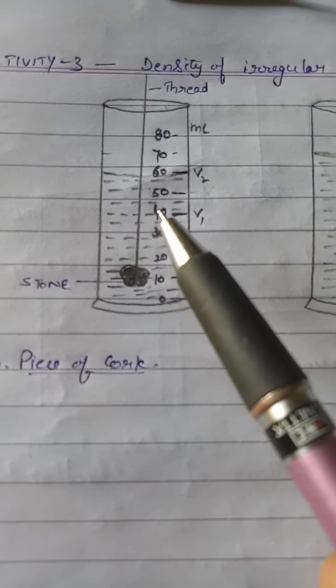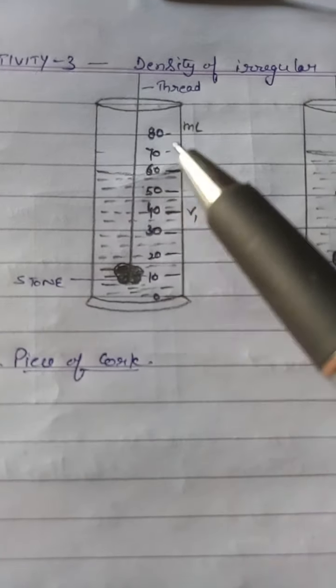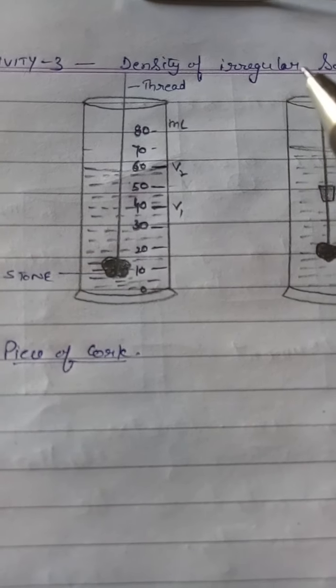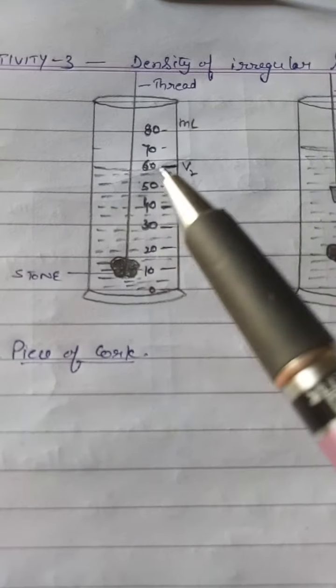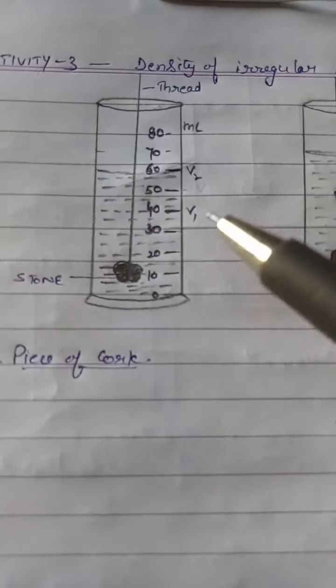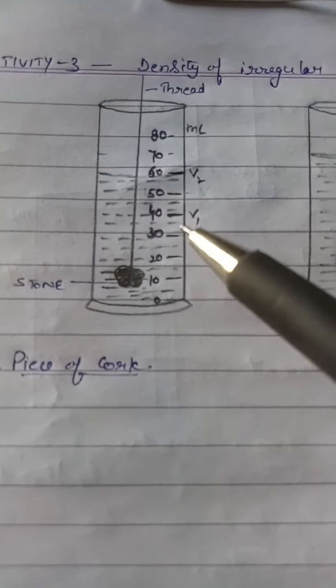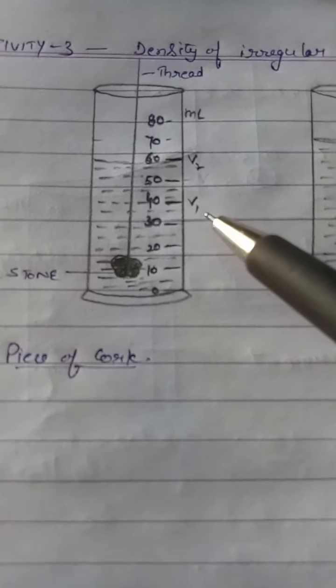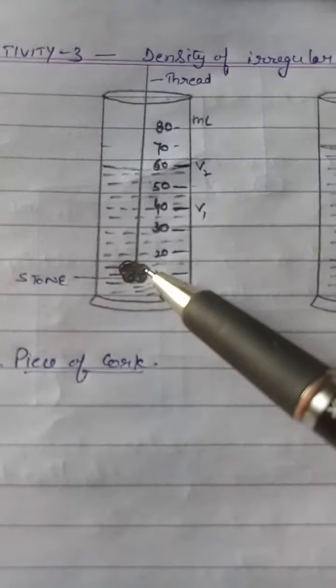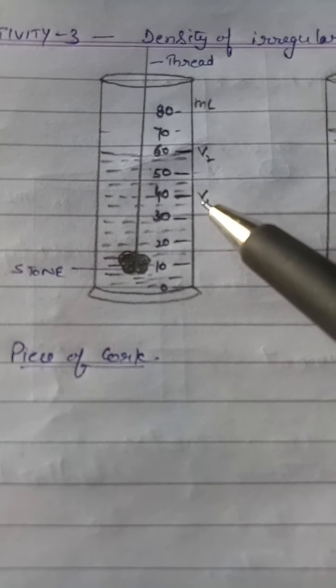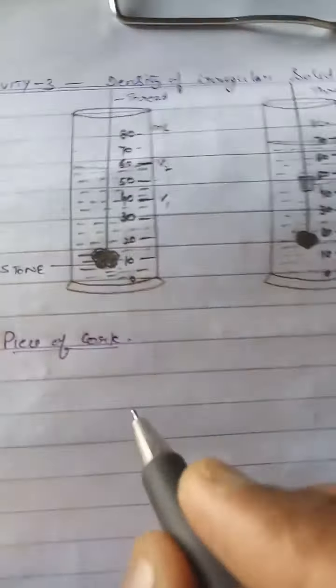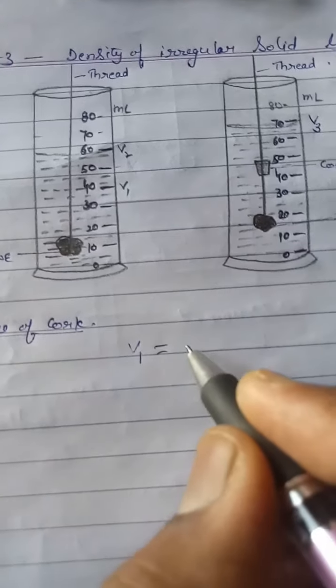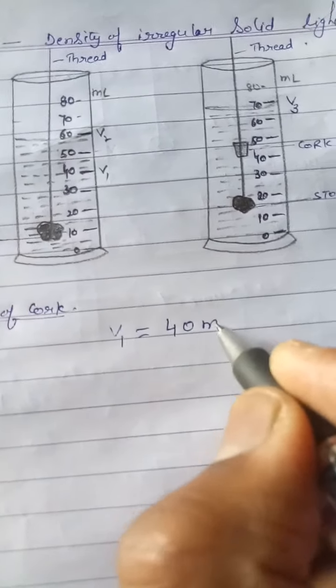So we are going to measure the density of such an irregular solid which can float on the water. So what is the activity? First pour some water in the measuring cylinder and note its volume without the stone. Let it be V1. For example, V1 is equal to 40 milliliter.